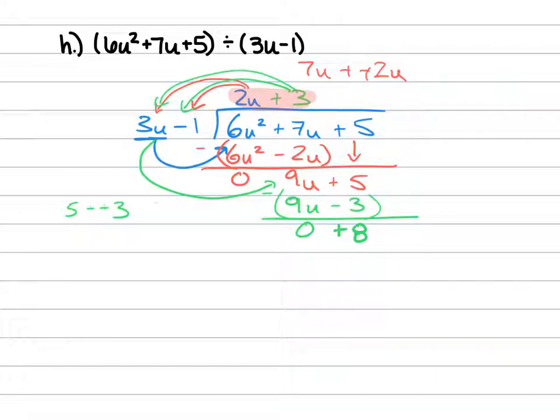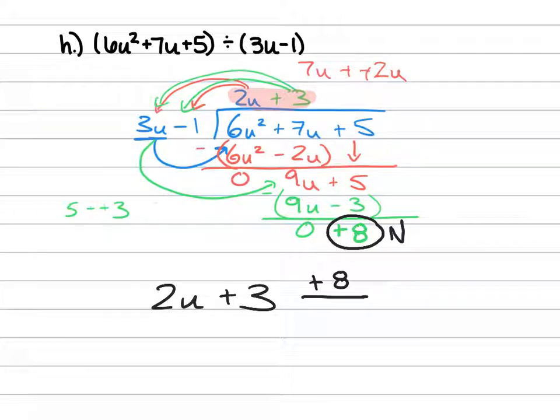So we've got 2u plus 3. And now this part is our remainder. It is actually the numerator of our remainder. And do you know where I get the denominator? From right here. 3u minus 1.